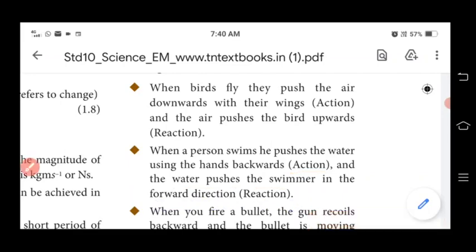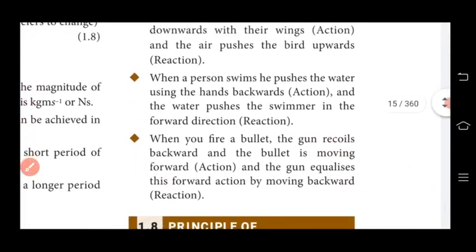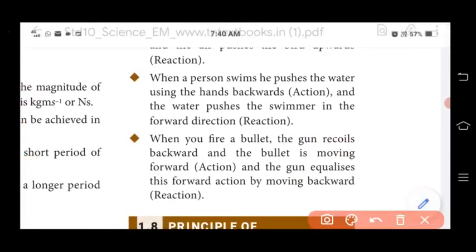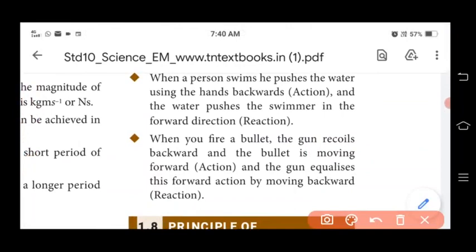And then third example, when a bullet is fired, the gun recoils backward and the bullet moving forward is the action.